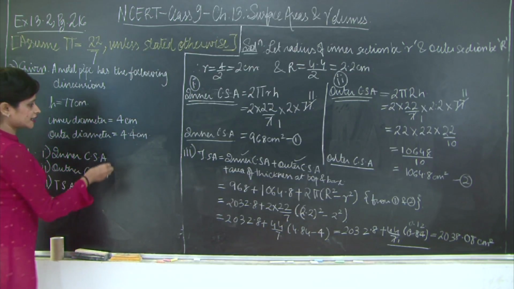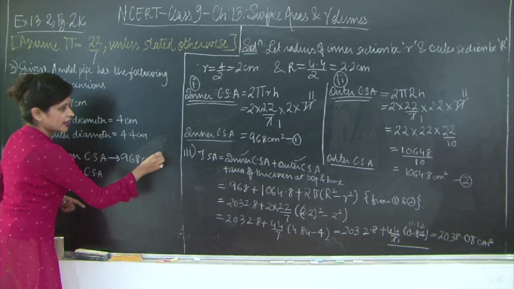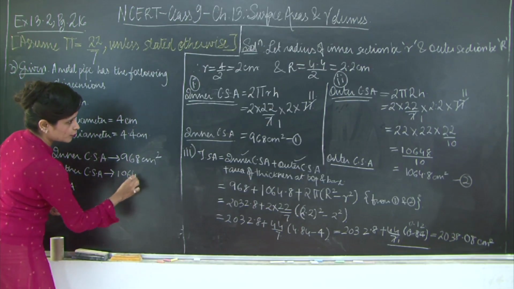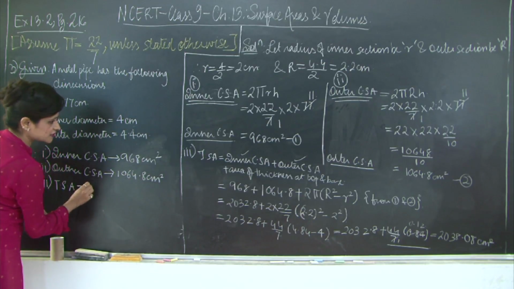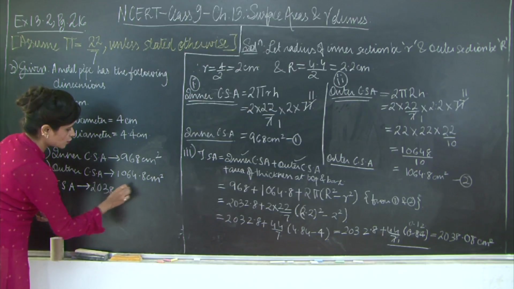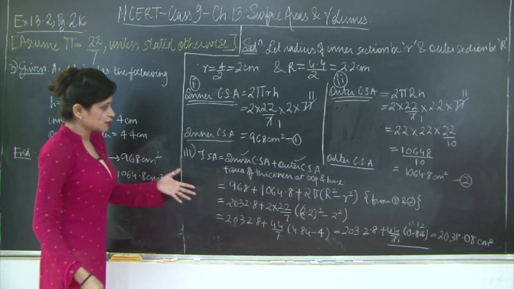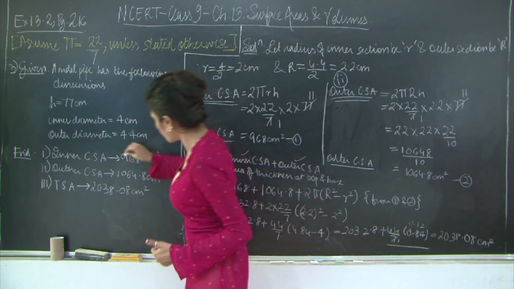Inner curved surface area is 968 centimeters square. Outer curved surface area is 1064.8 centimeters square. And total surface area is 2038.08 centimeters square. So this is the solution. Please take a look. And the answer is here. So I'll just box it.